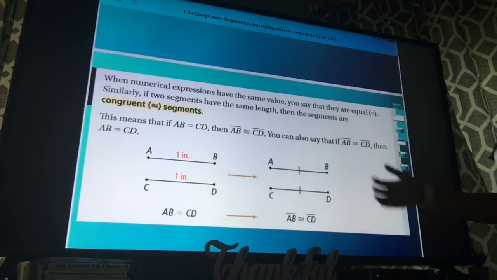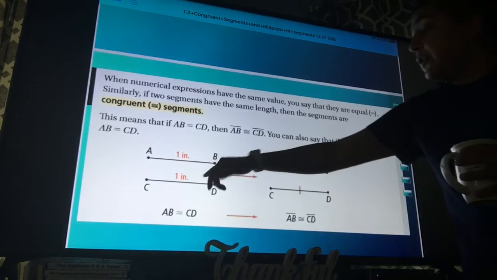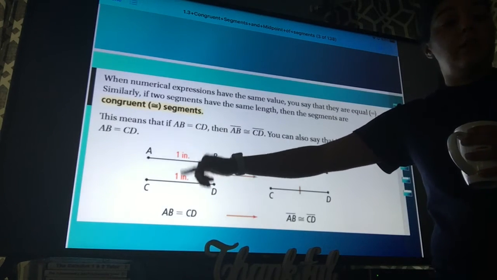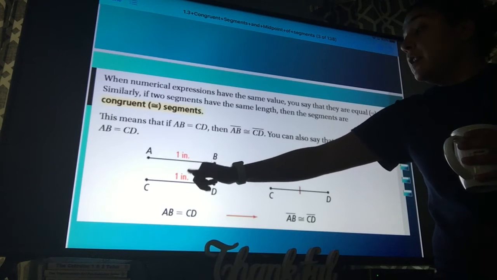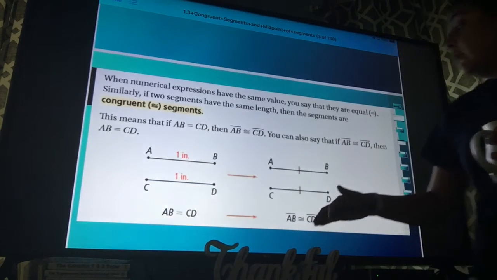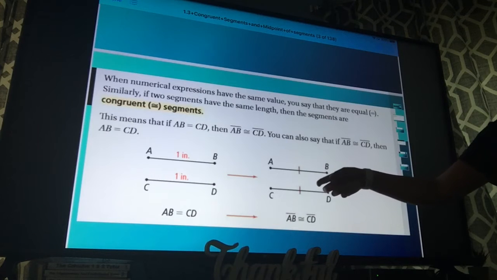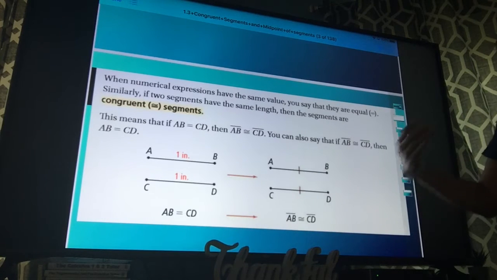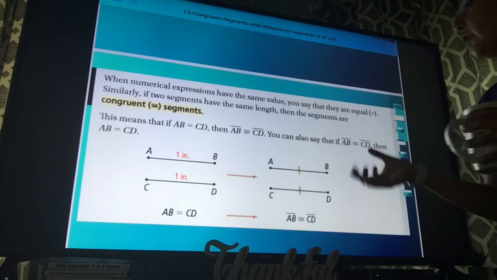The reason why there's a difference is these ones are noted with a number, and you can say that 1 equals 1. We know that 1 equals 1. But this one doesn't have a number. It has a midpoint and it has a segment. So we could say that they are congruent.